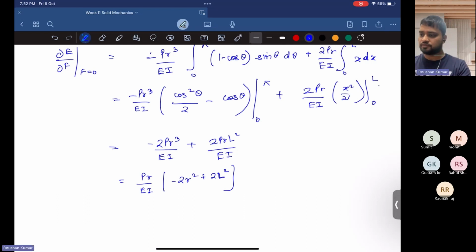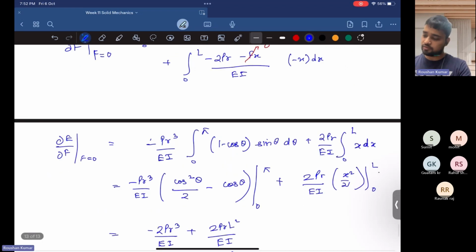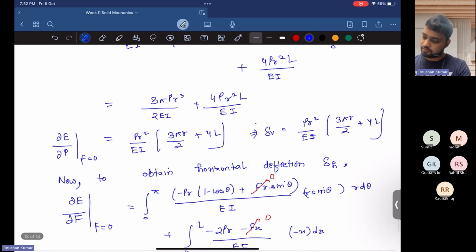Okay, so this is the final expression for the horizontal deflection. Vertical deflection, we already found the expression of that. So this is the expression for horizontal deflection and this is the expression for vertical deflection.